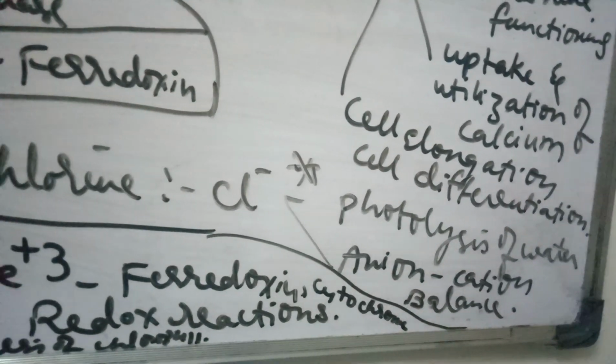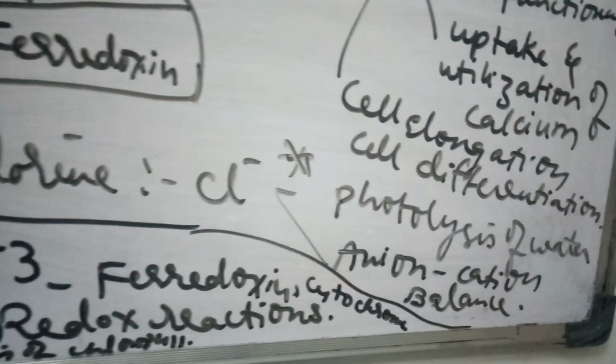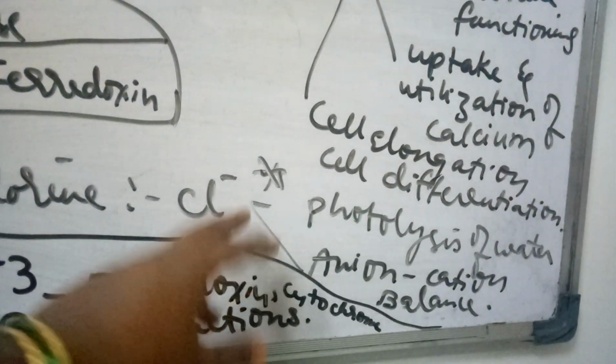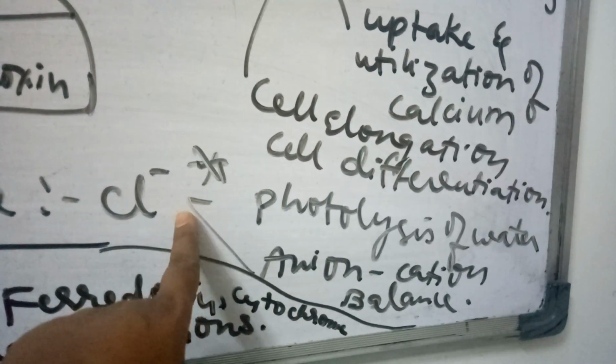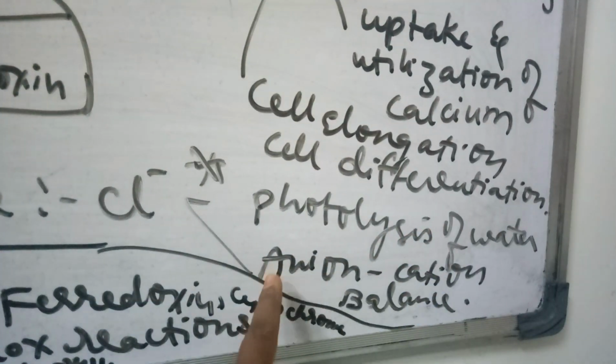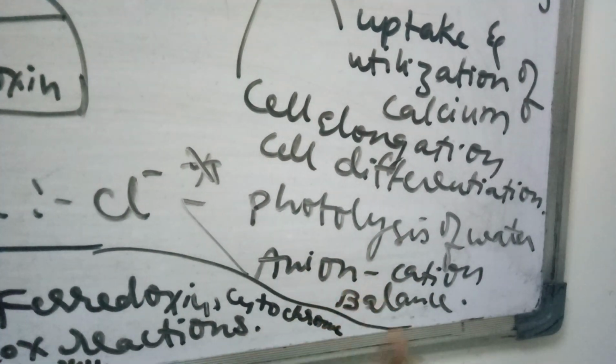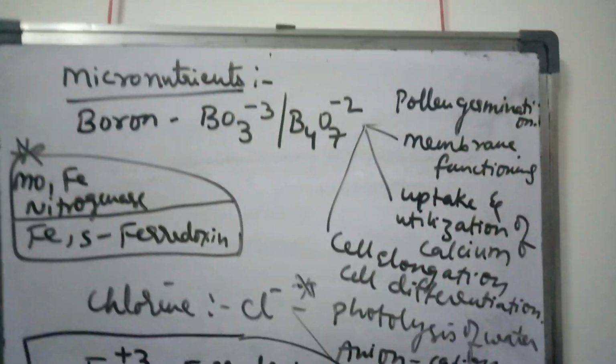Chlorine also helps in determining the solute concentrations, but that is not that important. So the important things are two: it plays an important role in photolysis of water and it maintains anion-cation balance. That is about chlorine. So I think you understand about chlorine and boron.